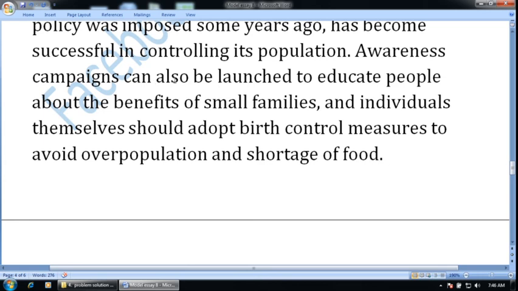Awareness campaigns can also be launched to educate people about the benefits of small families, and individuals themselves should adopt birth control measures to avoid overpopulation and shortage of food. So you can say to control their population. This is sufficient. We can do it.